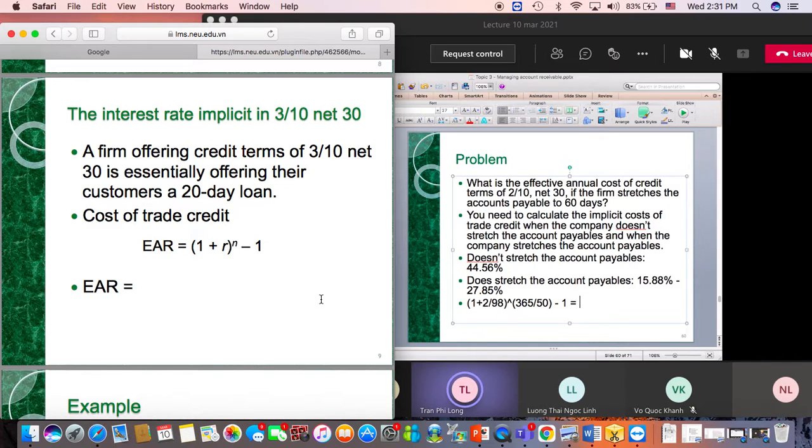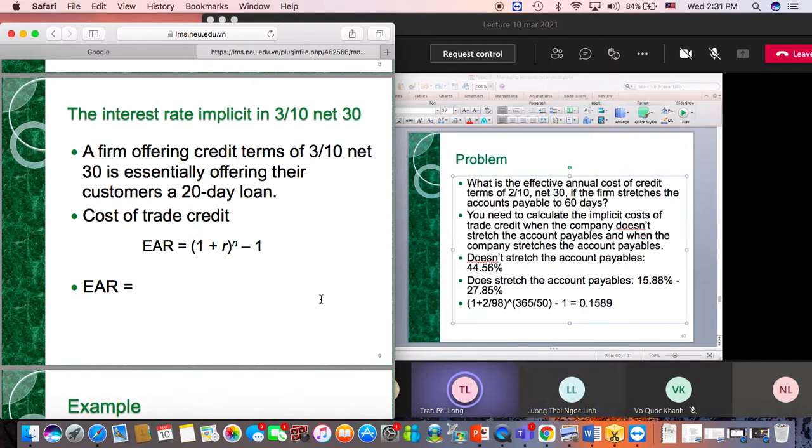Let me calculate it. My result will be 15.89%. I was mistaken.